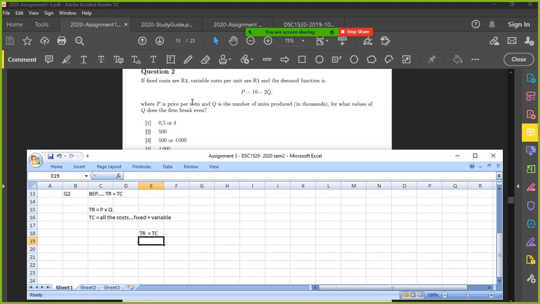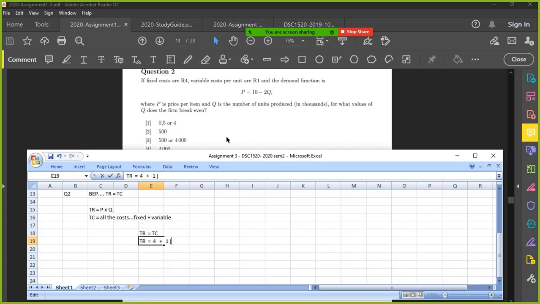In the question, they gave you fixed costs of 4 Rand, variable costs per unit of 1 Rand, and the demand function is given like that. So fixed cost 4, plus variable cost 1 times the demand function, where Q is the number of units produced in thousands.